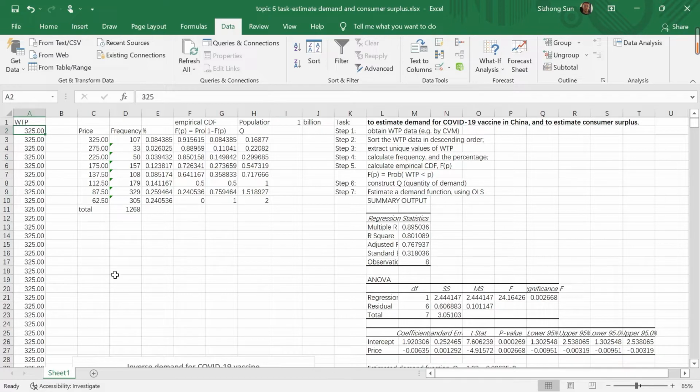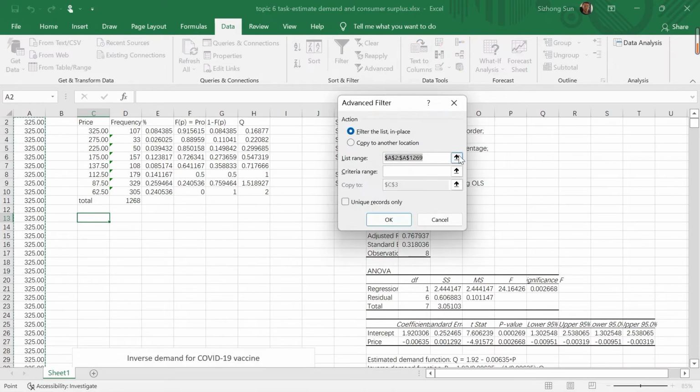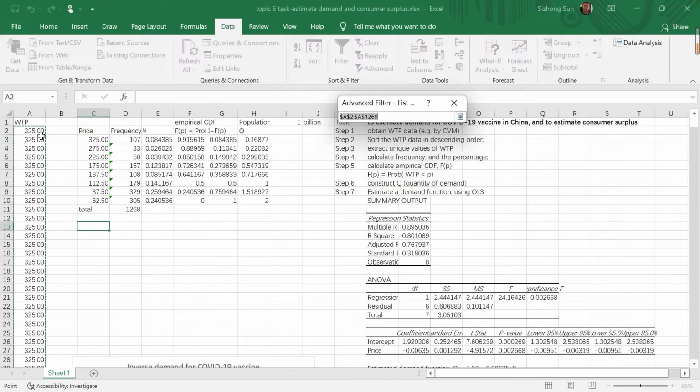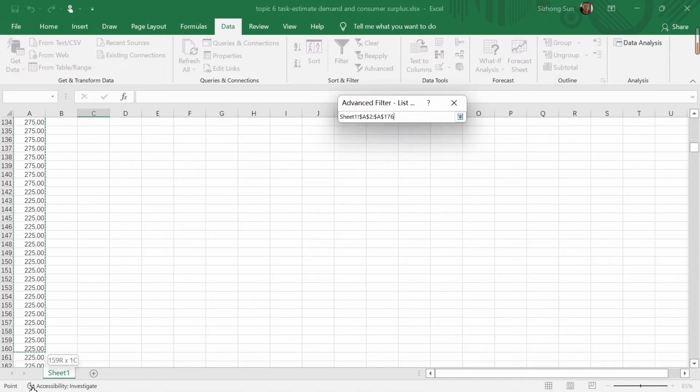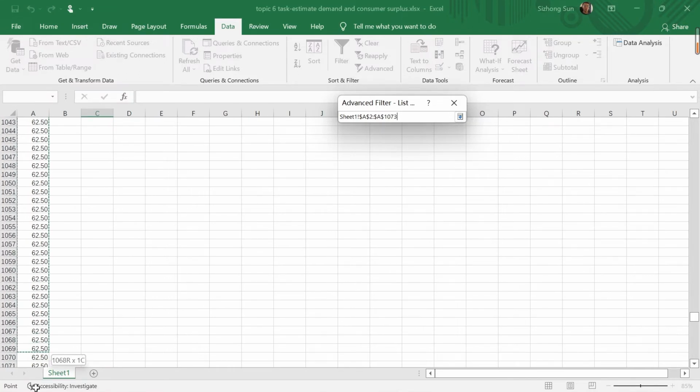unique values. I already extracted them here, but I'm going to illustrate how to do it. So filter, advanced. The input data is set from here to here. Okay, that's the input.